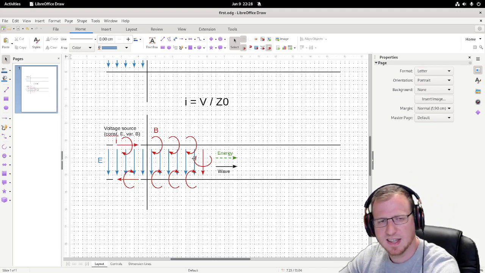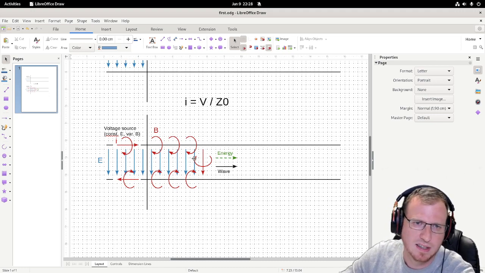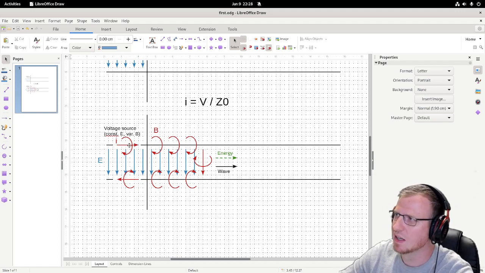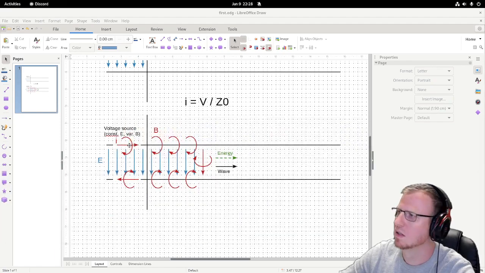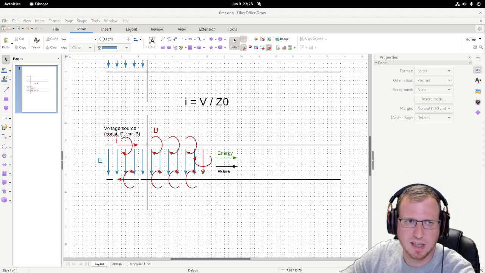So, and I think that's the big thing Maxwell discovered, that he said not only the movement of electrons, of particles, creates a magnetic field, but also the change of the electric field.